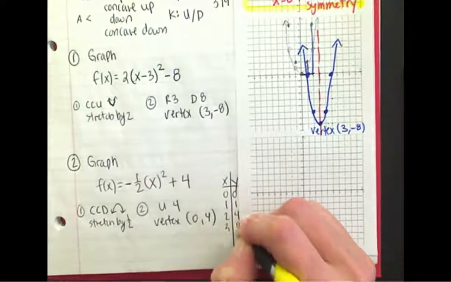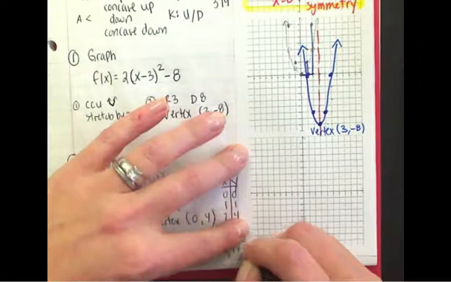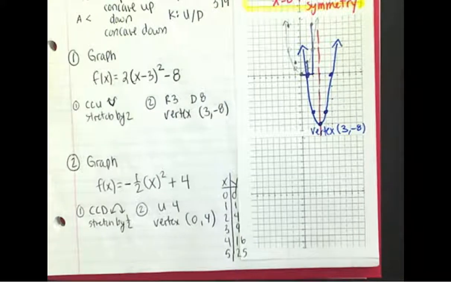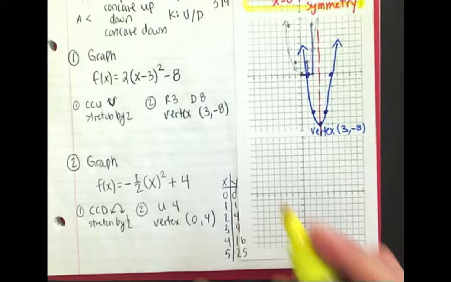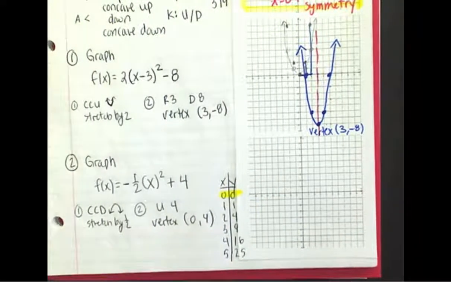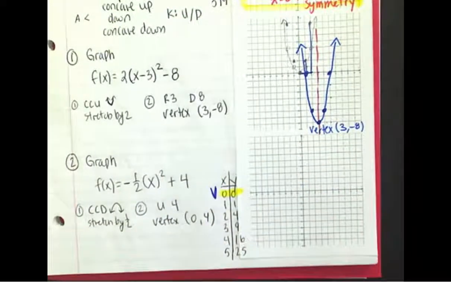I'm going to keep going on purpose. (3, 9), (4, 16), (5, 25). They're just the perfect squares. Input, output. Now, I'm going to highlight the points that I am going to use. You can't not use the vertex. You have to have the vertex.